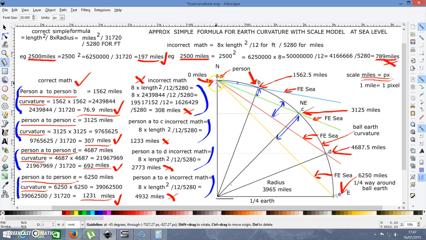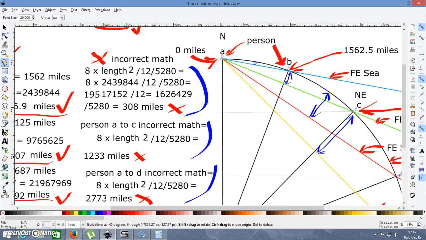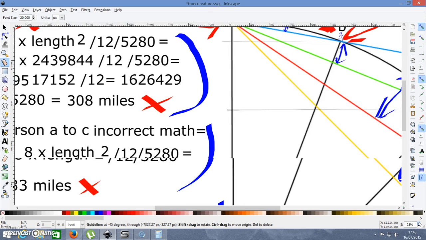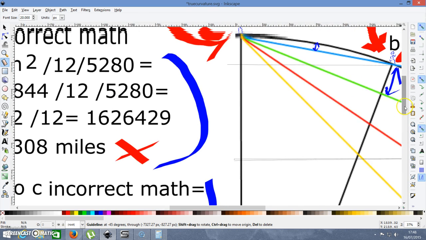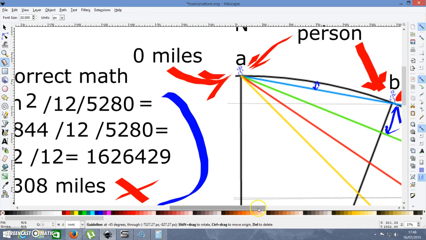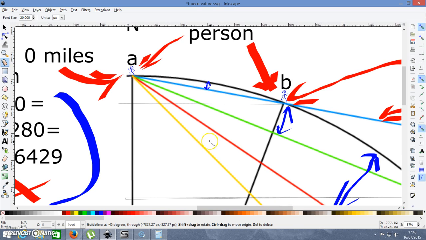So say for instance from point A to point B, or person A to person B, if I zoom in a bit, where person A stands on the Earth on one side of the water, this is the water, person B on the other side.